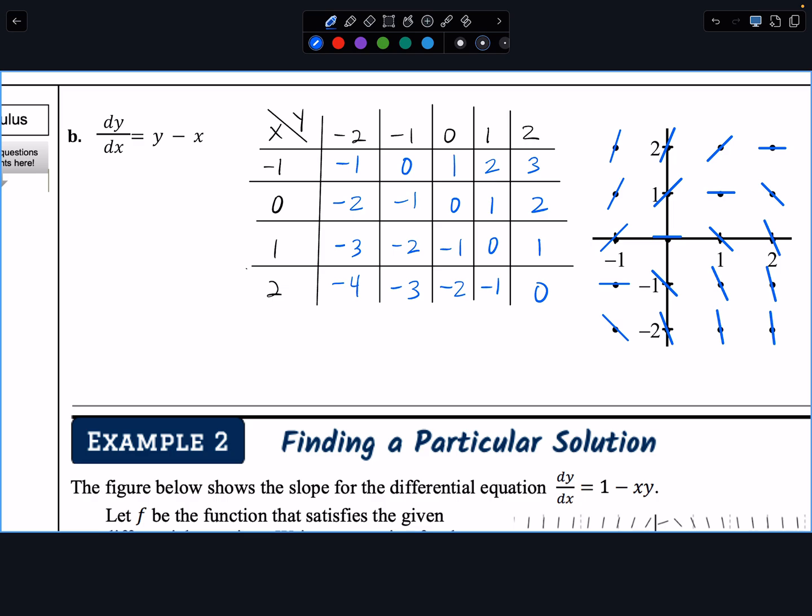So sometimes it's hard to tell what function this would be. Like here, we don't have the tools to actually integrate this yet. Because remember what I told you guys, technically you're multiplying both sides by dx.